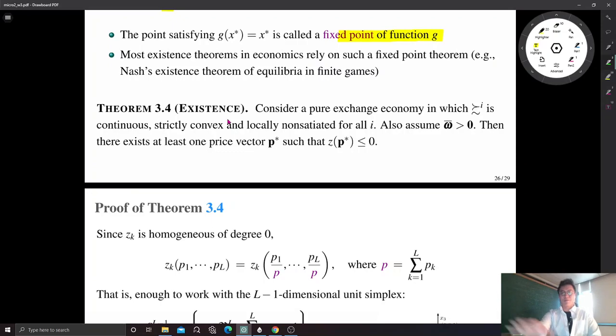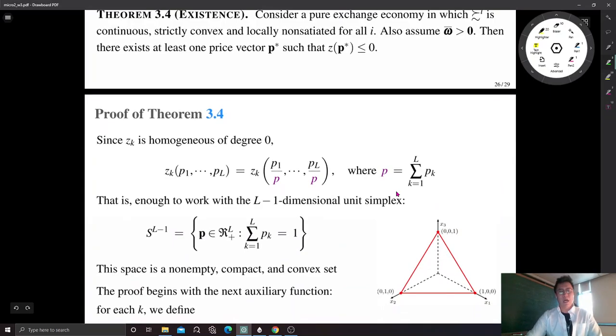You may have to go through this kind of proof when you do research in the future, or when you write your dissertation. Yeah. So it is a little long, but it is instructive. Okay. So this is how an existence proof goes.